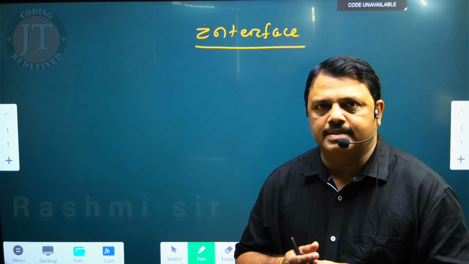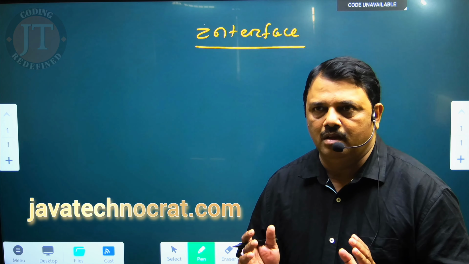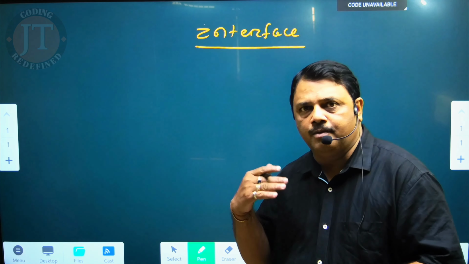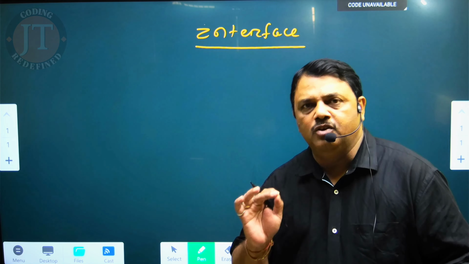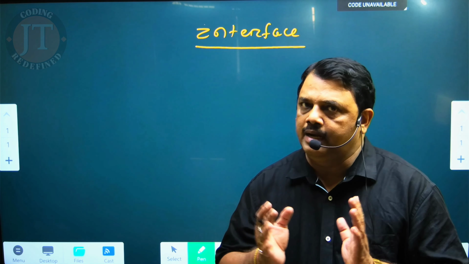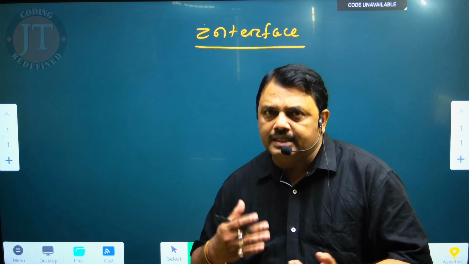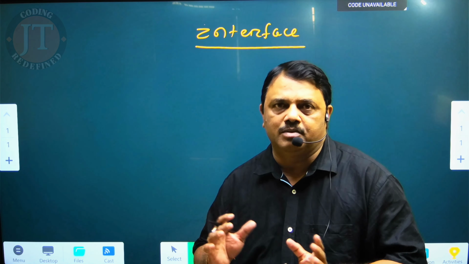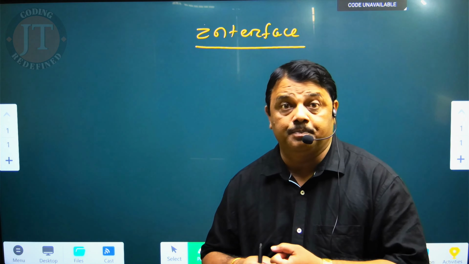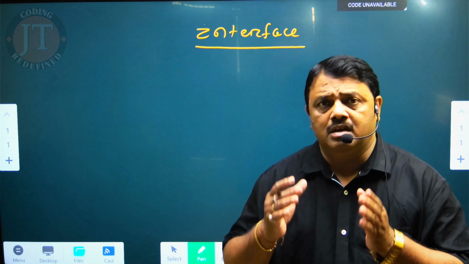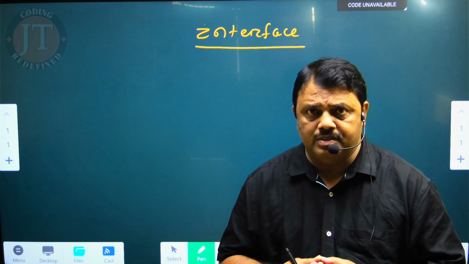Today's topic is interface. After JDK 1.8 and 1.9, some new features were introduced in interface. In interviews, they ask the question: is it possible to define the main method within an interface?